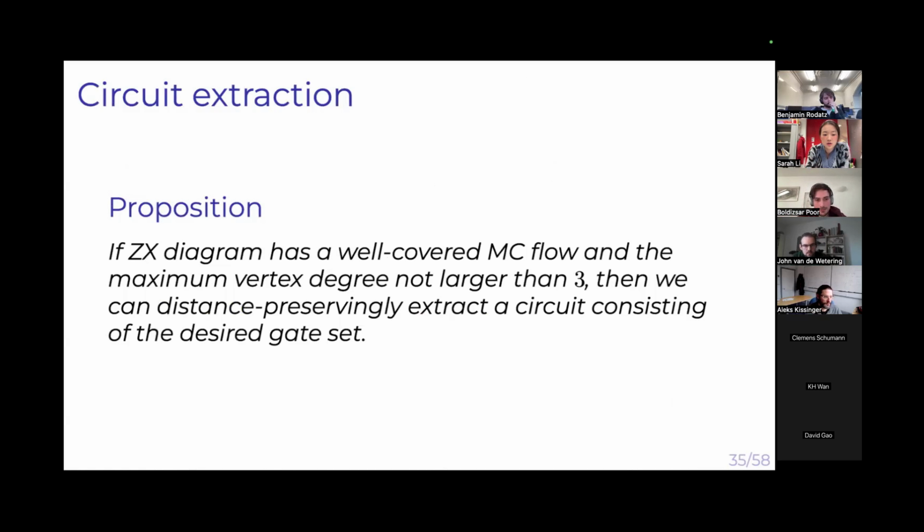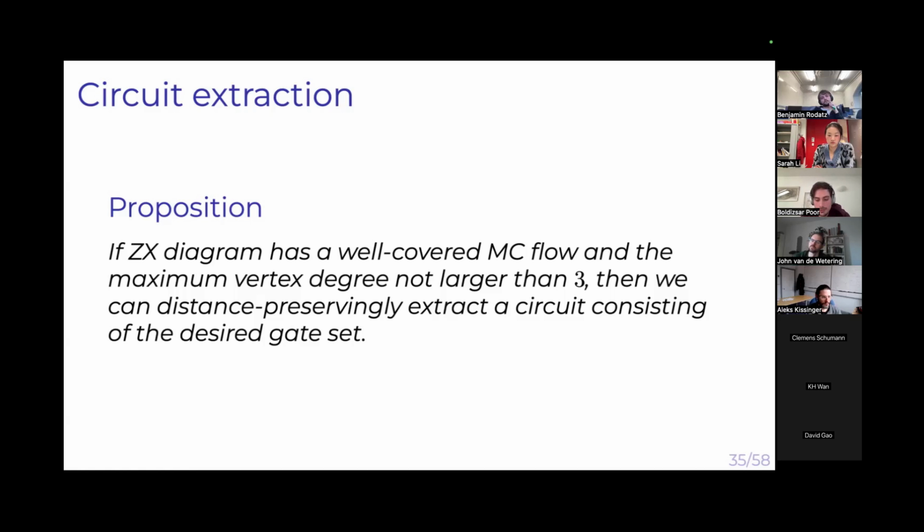The next proposition we have is if we have a ZX diagram that has a well-covered MC flow, and the maximum vertex degree is not larger than 3, so this is very important, then we can distance-preservingly extract a circuit consisting of only the desired gates, the ones I have shown you a couple of slides before.